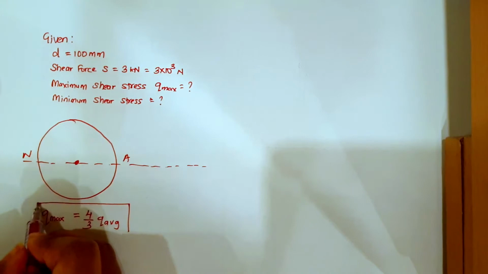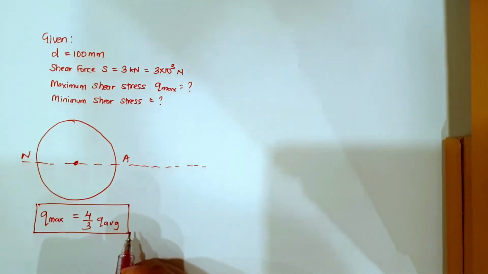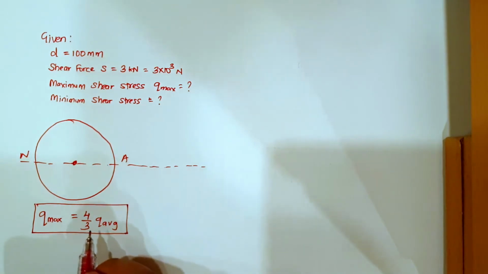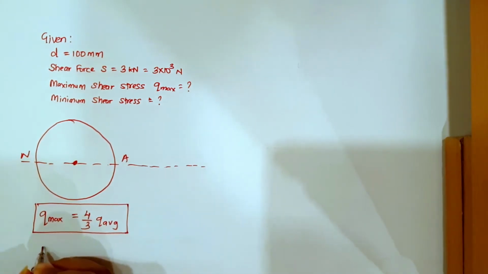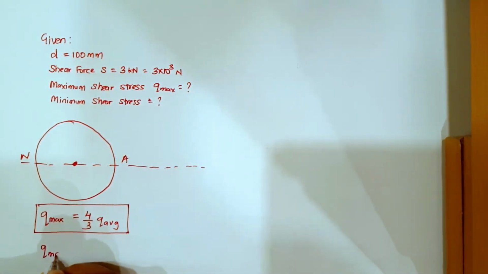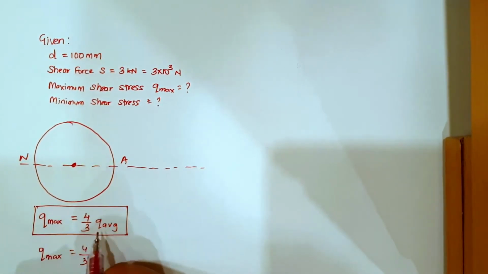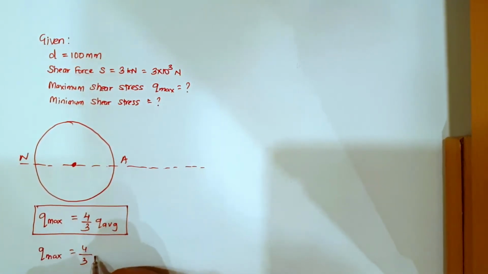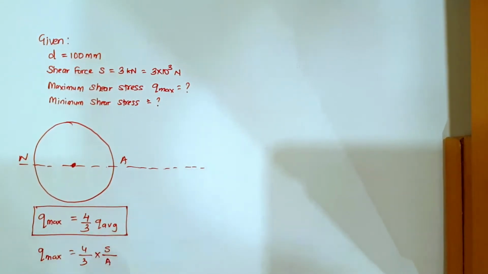This is the formula. Let us start by finding the Q average. Q max is equal to 4 by 3 Q average, where Q average is shear force by area.